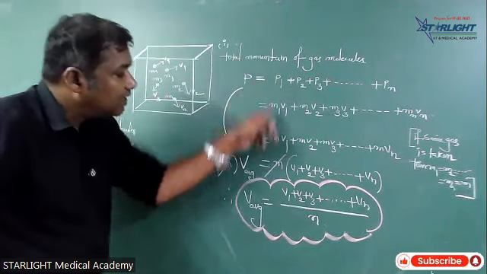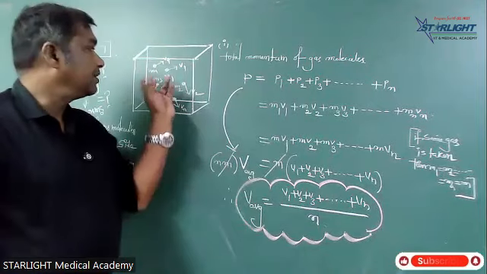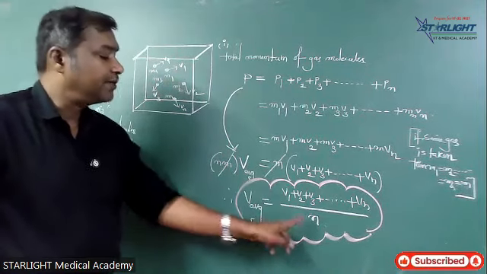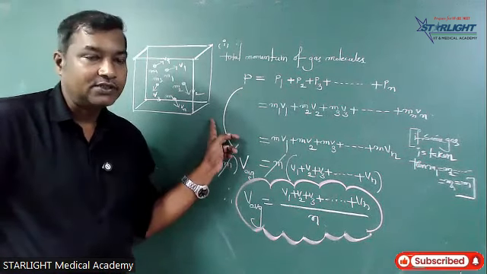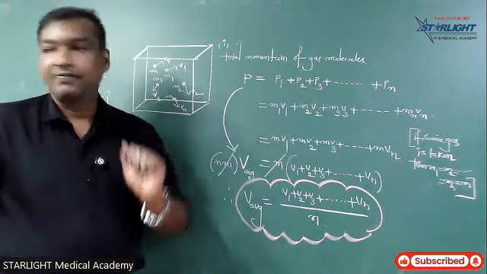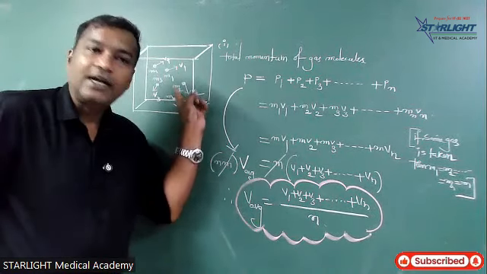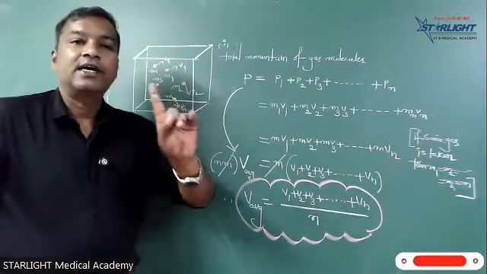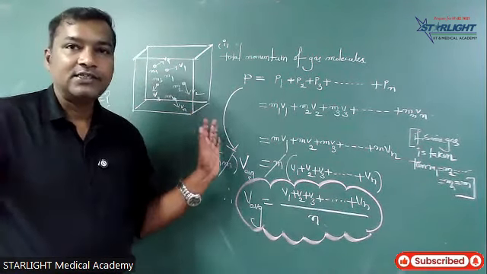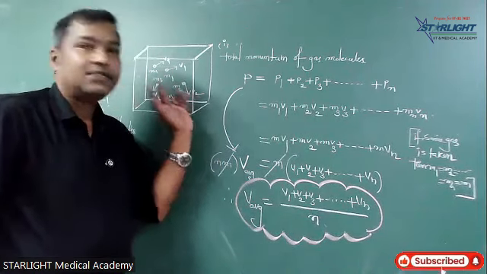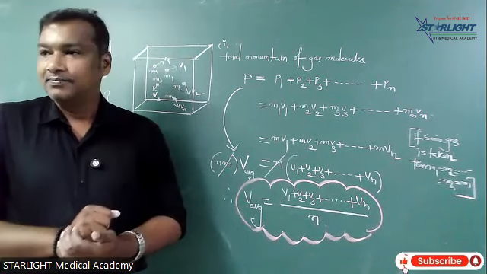We find the average velocity for all the molecules inside. So we add the velocities of all and divide by how many there are. That is the average velocity of gas molecules. What is the RMS velocity of gas molecules? Now, the gas molecules have an average velocity, and at the same time they have an RMS velocity. How to find the RMS velocity? To find the RMS velocity of these gas molecules, we have to take kinetic energy.